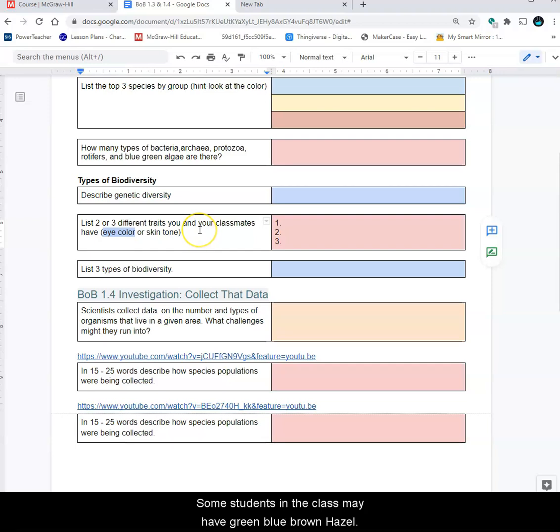Some students in the class may have green, blue, brown, hazel, but it's all sorts of natural eye color. So again, some people do have black eyes. Pink eyes, it's kind of a little bit more of a genetic disorder, albinism, but in general, for most of the population, it's going to be green, blue, brown, maybe black.